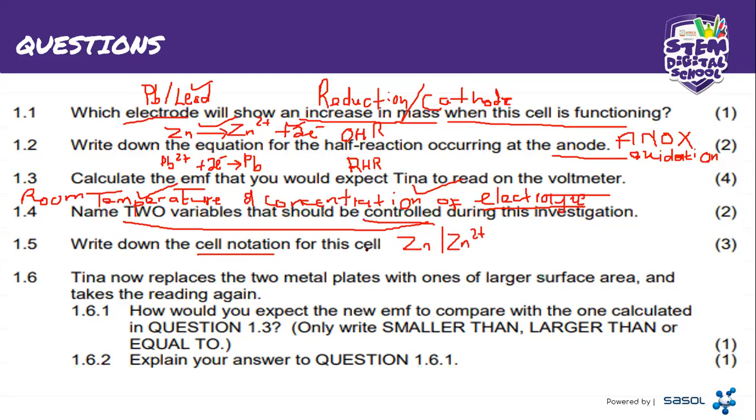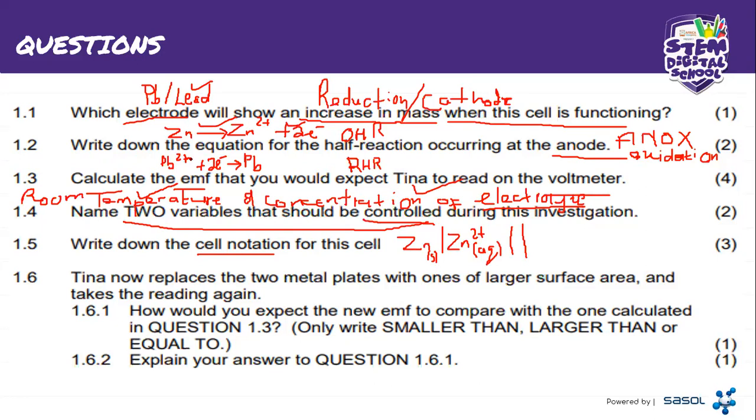And remember, the zinc was the electrode, so it will be solid. The zinc ions formed fall into the solution, so they will now form part of the aqueous solution. So I'm done with what happens in terms of oxidation. Then 2 parallel lines for the salt bridge.